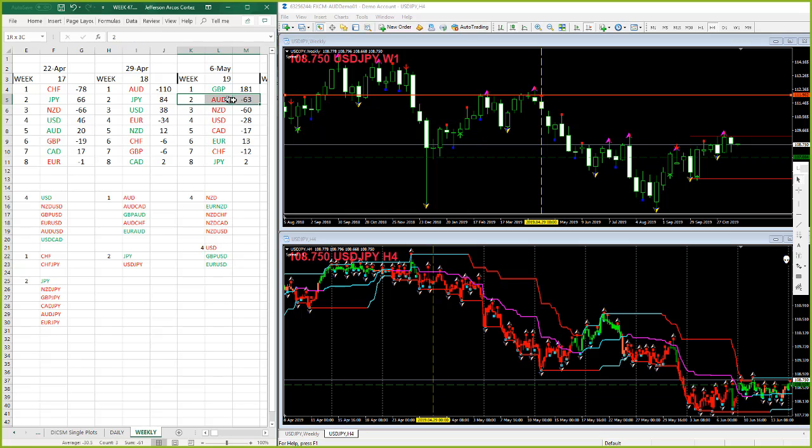Now Australia here continues the strength from the previous week, and that's why I put it over here. New Zealand was strong last week and now it's weak. The main thing is we look at all of these one by one and then make an assessment. So the watch list is based on this.